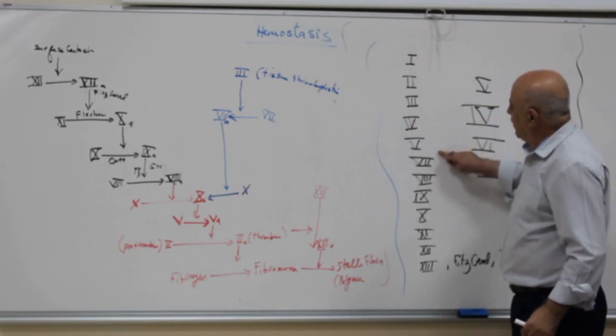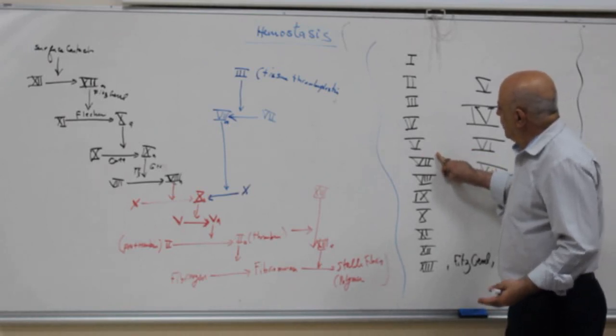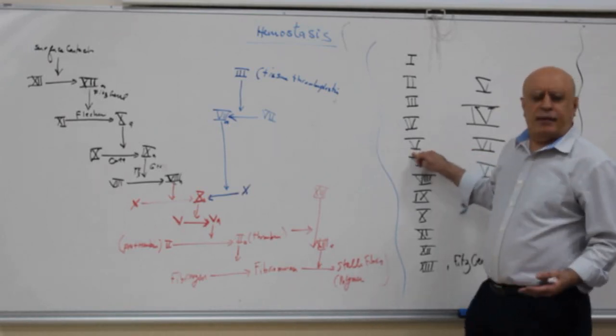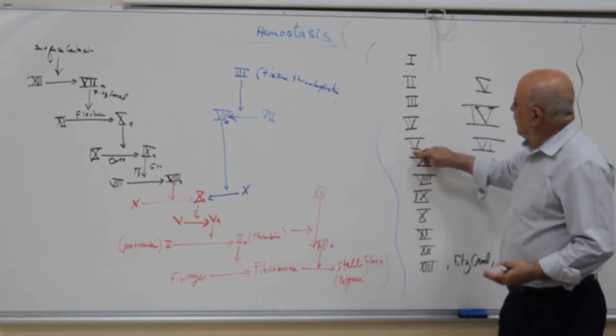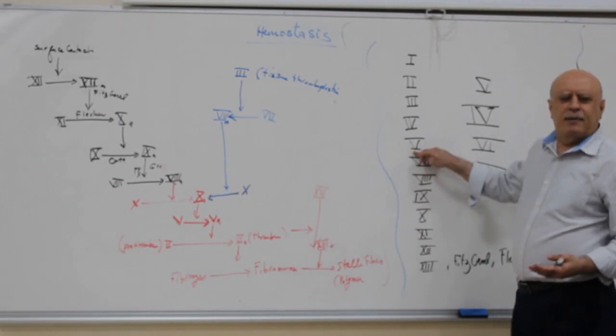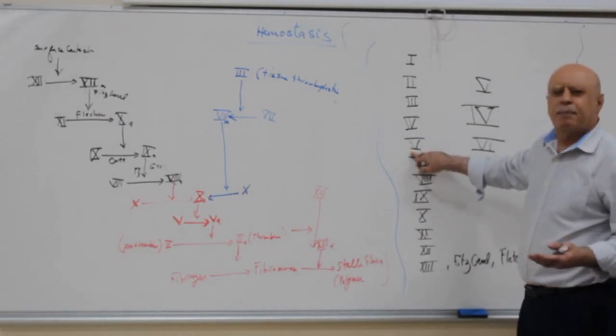Now, as you may well see, 1, 2, 3, 4, 5, 7. There's no 6. Well, the reason there is no 6 is because there used to be a number 6. But when they discovered this protein, they thought it had a role in the clotting process.